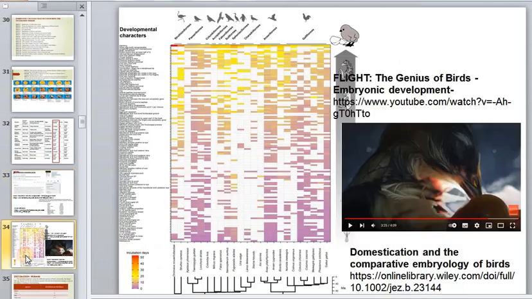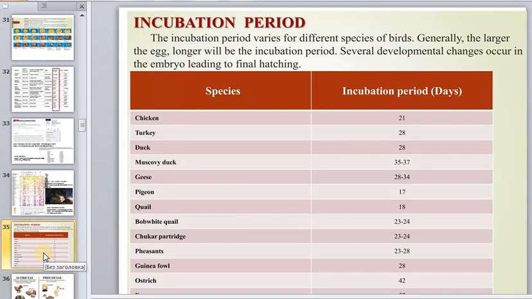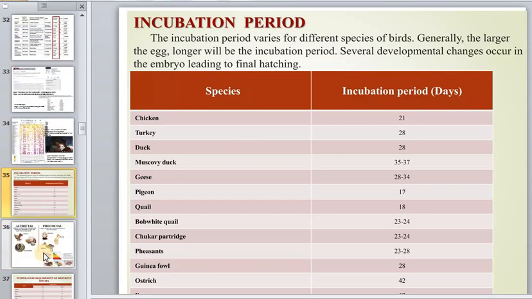And here you can find all the information on what organ can transform in what period. This table is very huge, so I will leave the links to this article. And here we can find the video. It's a very interesting video, about 5 minutes, how a chicken embryo can develop. And one more table for the incubation period for some species.